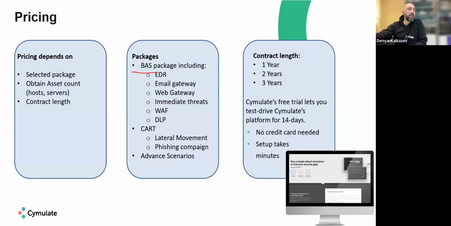The base package includes testing for the following solutions: EDR, email security, next generation firewall, web proxy, web gateways, immediate threats, web application firewall, DLP. There is also a package for lateral movement, which is network pen test and phishing campaign, and another package which is advanced scenarios, the one that we call attack builder.